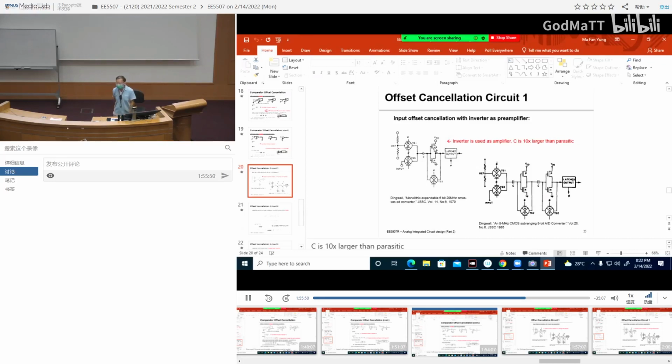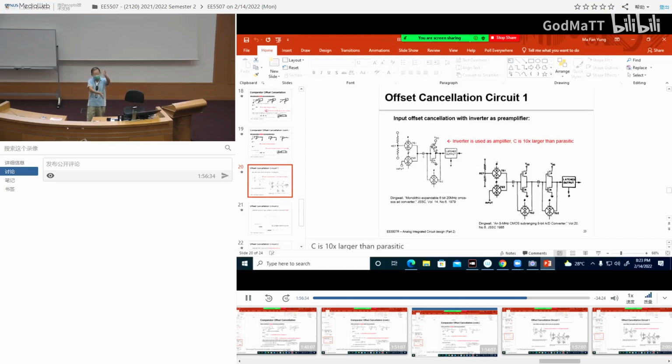So how can the inverter be used as an amplifier? You must think. We can look at it from the transfer curve point of view, that's easier. How does the transfer curve of the inverter look like? Output versus input.